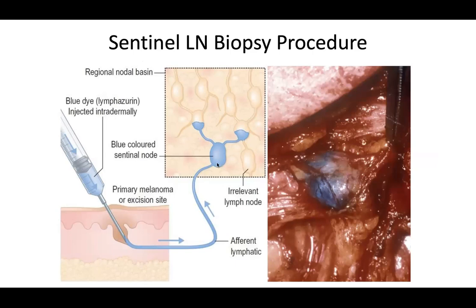And so that's why you're going to have sentinel nodes that may have more than one node in the actual area. And you'll have some irrelevant nodes as well, so areas that were not shown to take up that dye. Those would be most likely left behind. You can see this picture here of the uptake of the blue in the lymph nodes. Those would be taken and assessed on histopathology for the presence of metastatic melanoma.